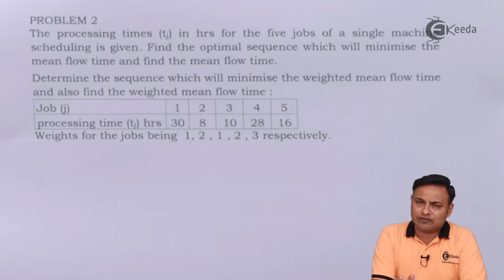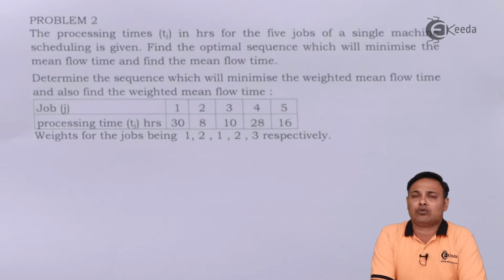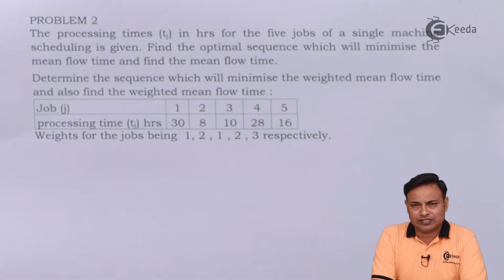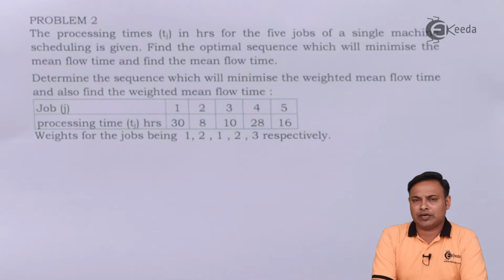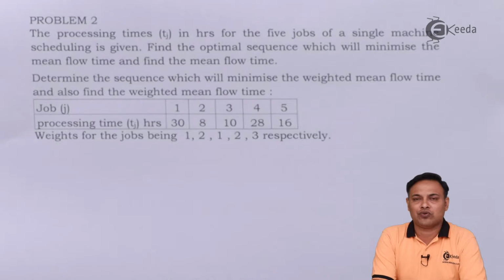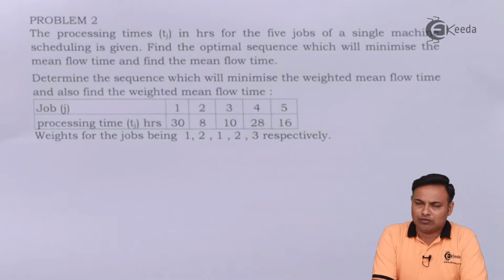That 20 minutes will be called as the mean flow time. The time at which a product enters a particular process and the time at which the material gets processed and it comes out of that process, that time gap is called as mean flow time. We'll work out the same thing now.